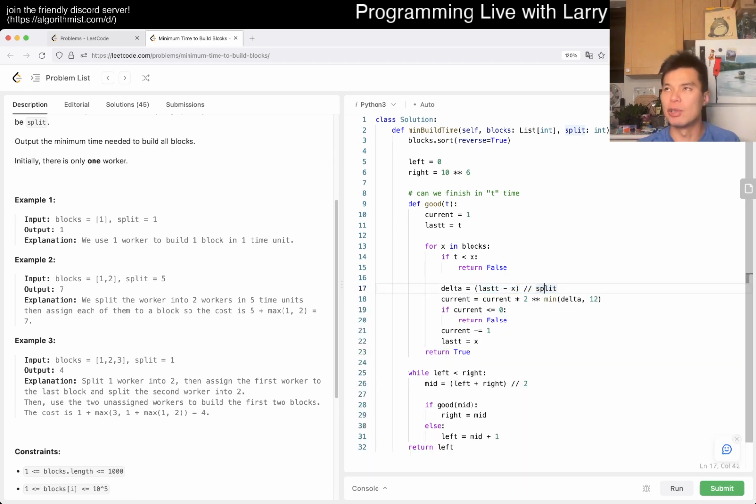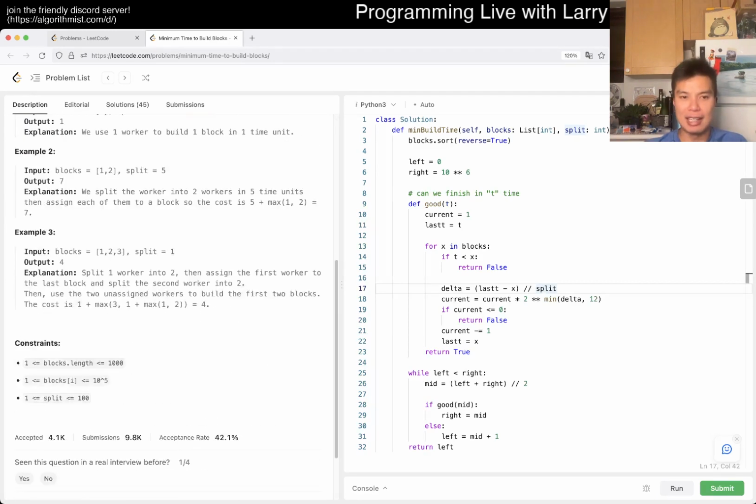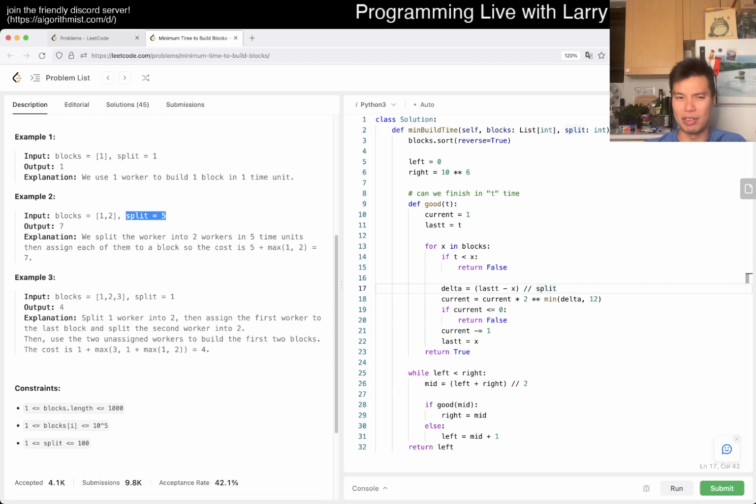I think that's the reason, because you cannot actually just do it like this. Oh, that's trickier now. I have to think about it. One of the assumptions on how I wrote this, and I just forgot about it to be honest, is that I was thinking that split is equal to 1 always.